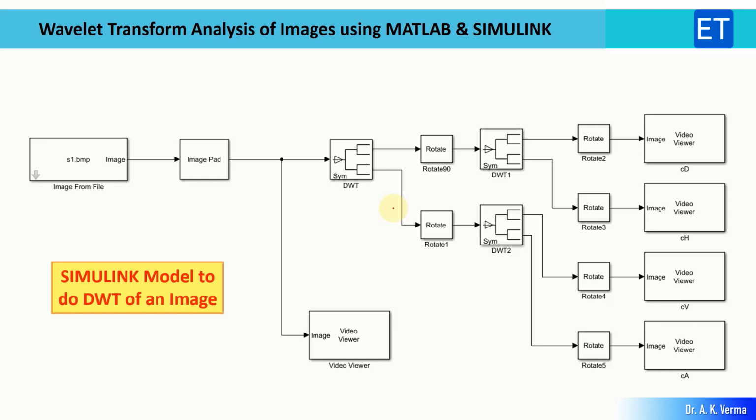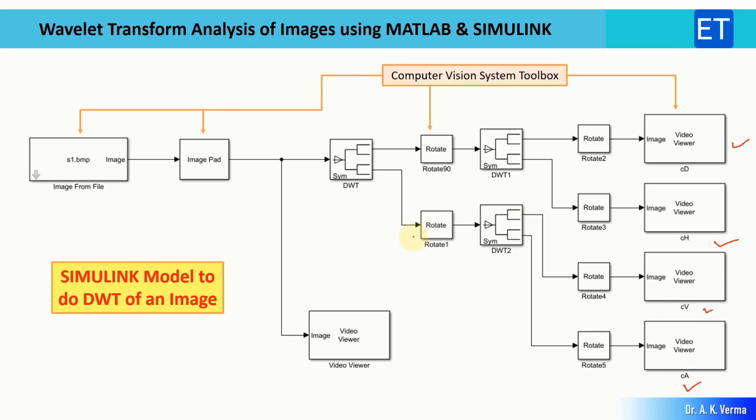Okay, now let's come to the Simulink model. I have made this Simulink model to decompose one input image into four matrices: the approximation coefficients, horizontal coefficients, vertical coefficients and detail coefficients. From the Computer Vision System Toolbox, you can find the Image From File block. The Image Padding block is also there.